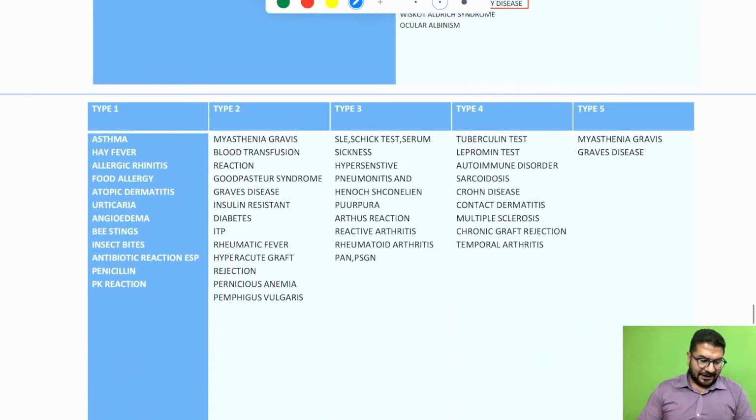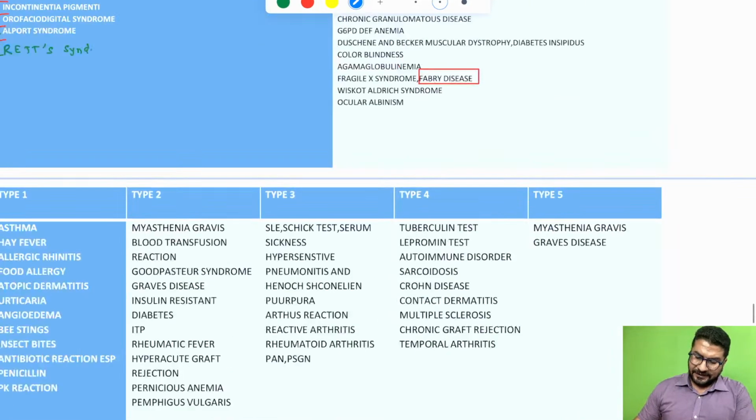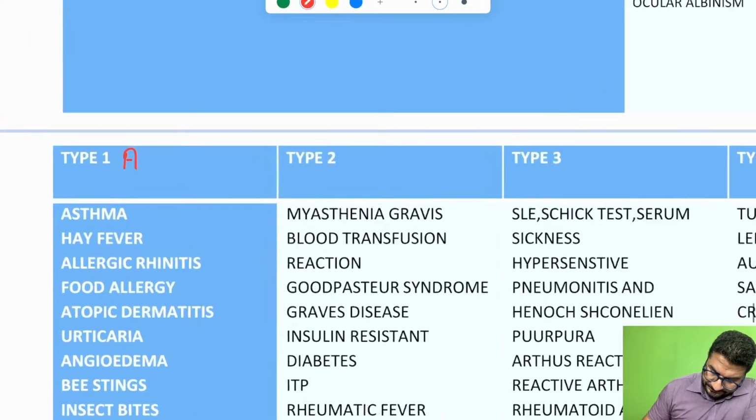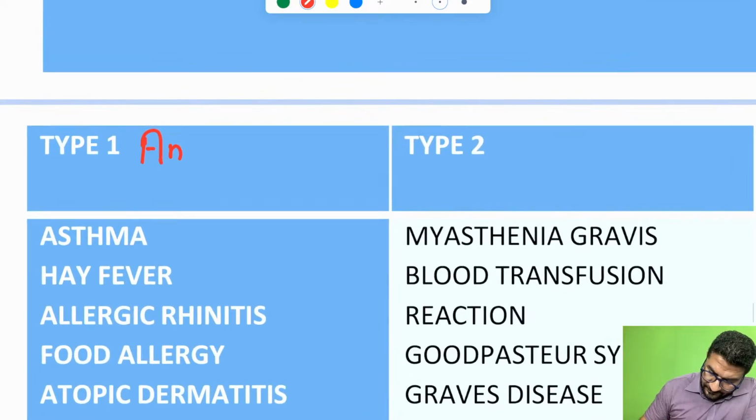Okay, next is we have hypersensitivity. अब एक क्वेश्चन आपसे hypersensitivity पूछते हैं. So remember, we have type 1, 2, 3, 4. So type 1 is called anaphylactic. Type 2 is called cytotoxic.